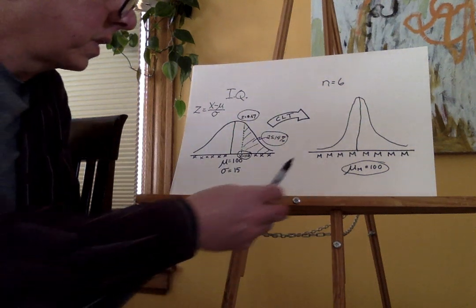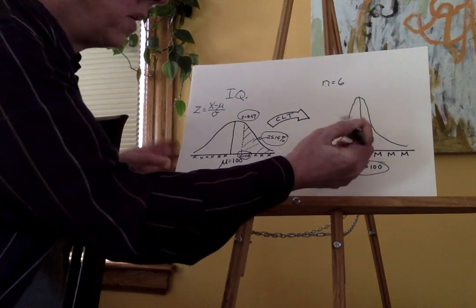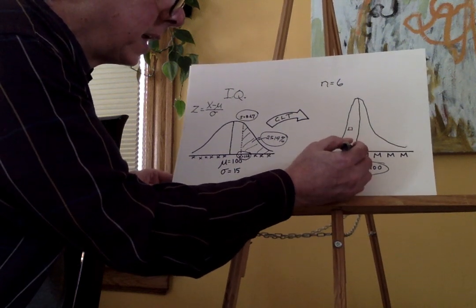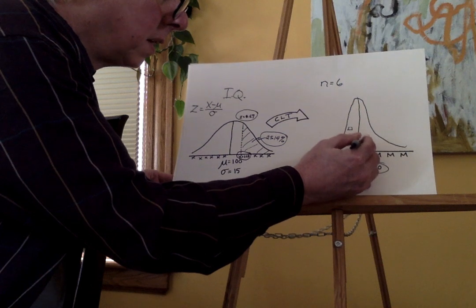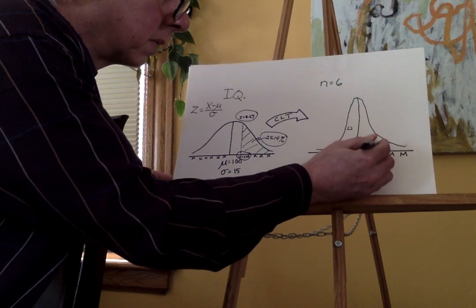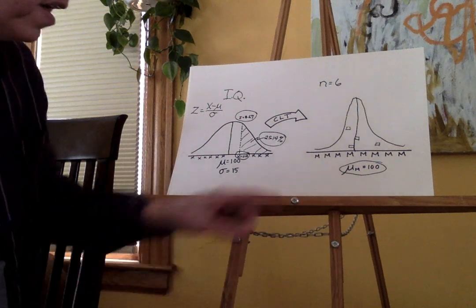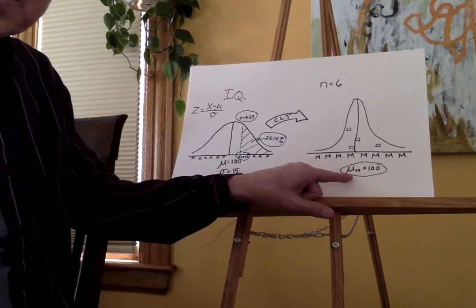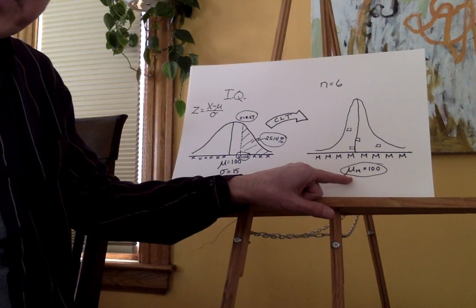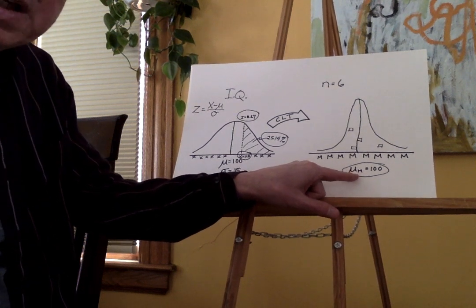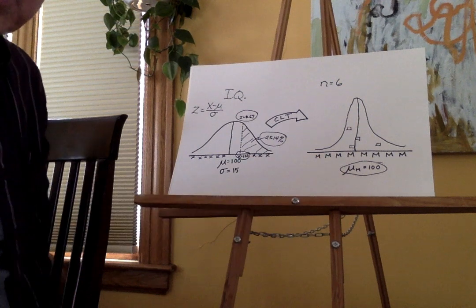And so we know that overall, when we plot all of these sample means, the variability is going to come in, regression to the mean, but it's still going to have a mean, that is the mean of all the sample means, equal to 100.